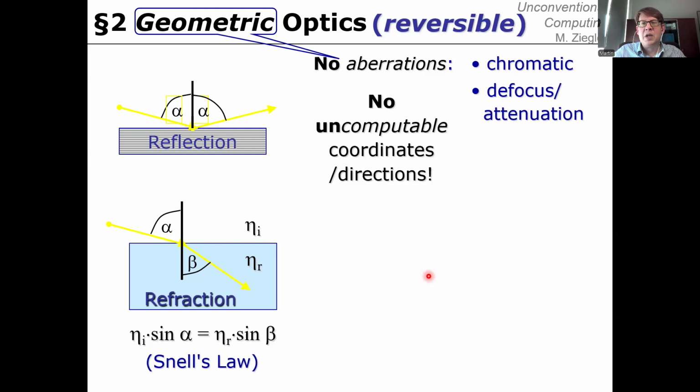In practice, of course, there's always loss of intensity, there's always defocusing, there's always attenuation. We also suppose that the optical components are ideal, that there's no so-called coma, like perfectly planar mirrors here, perfectly planar surface here, and perfectly homogeneous water here, for example.